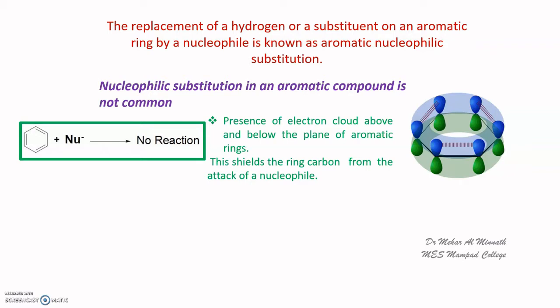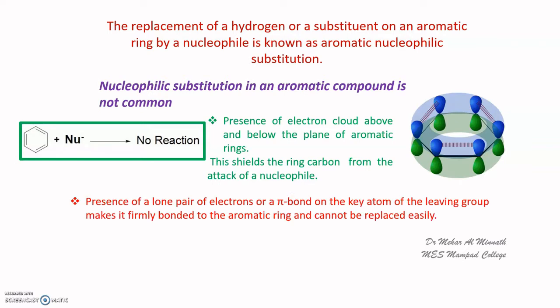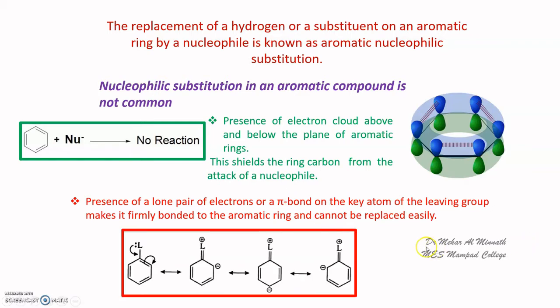Another reason for the low reactivity of aromatic compounds towards nucleophilic substitution is the presence of a lone pair of electrons or a pi bond on the leaving group. This makes the leaving group firmly bonded to the aromatic ring, so it cannot be replaced.